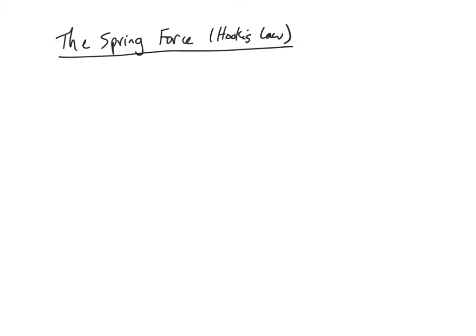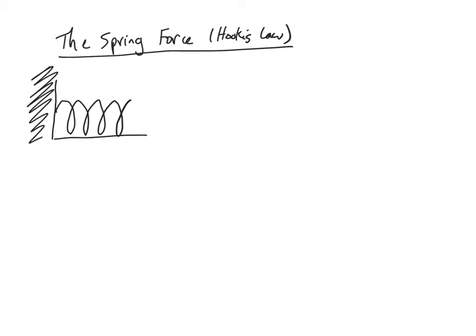So let me draw a picture of the spring and then detail what the spring force looks like. So here's a picture of a horizontal spring. There's some kind of wall on this side, and I'm going to label this as the x direction. Right now the spring is uncompressed, and so I'm going to indicate that there is some x naught.